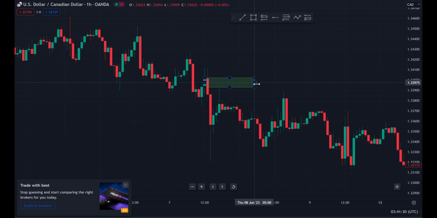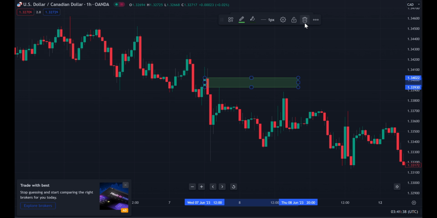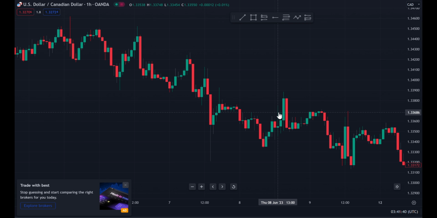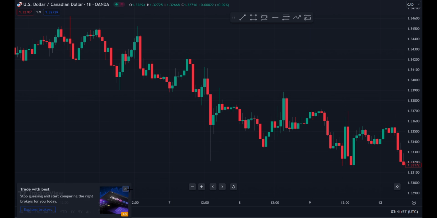The market is already trending down. So the best way to spot this type of setup is by looking for markets which are trending down, and the best way to find rally base rally setups is by looking for markets which are already trending up.